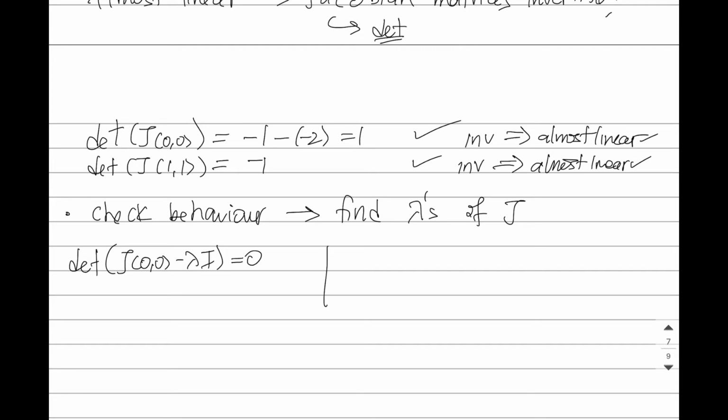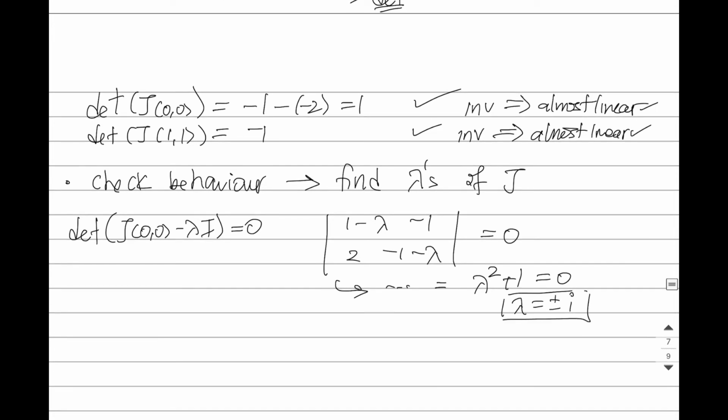So if we were to go ahead and plug everything in here in terms of finding the determinant, finding the eigenvalues, what this will lead us to is lambda squared plus 1 is 0, so lambda will be plus or minus i. Now immediately we know that when our eigenvalues are purely imaginary right here, that means this analysis tells us we have a center.